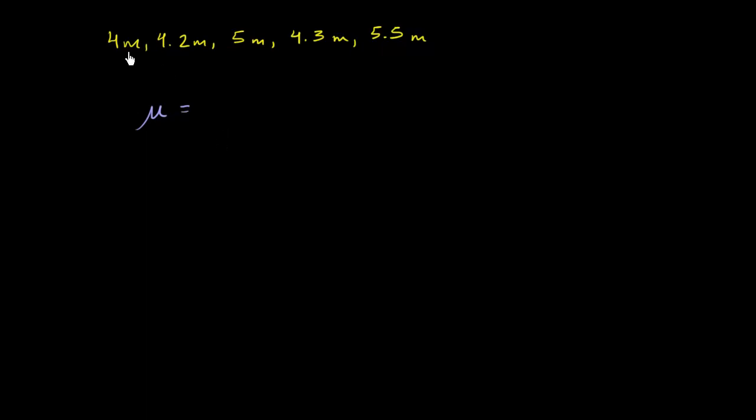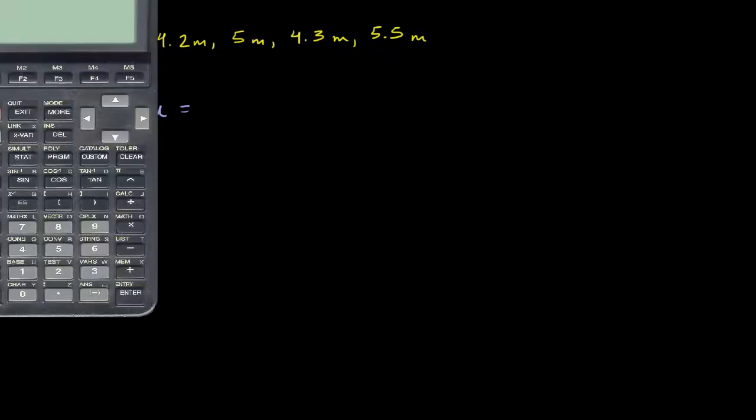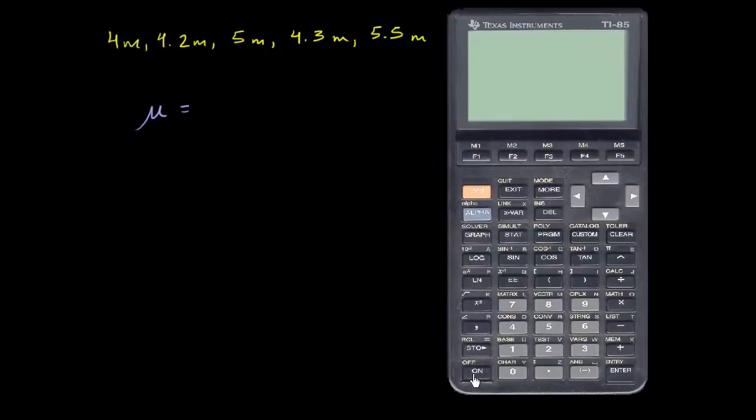Well, we just have to add all of these data points up and divide by 5. I'll just get the calculator out so it's a little bit quicker. So this is going to be 4 plus 4.2 plus 5 plus 4.3 plus 5.5.